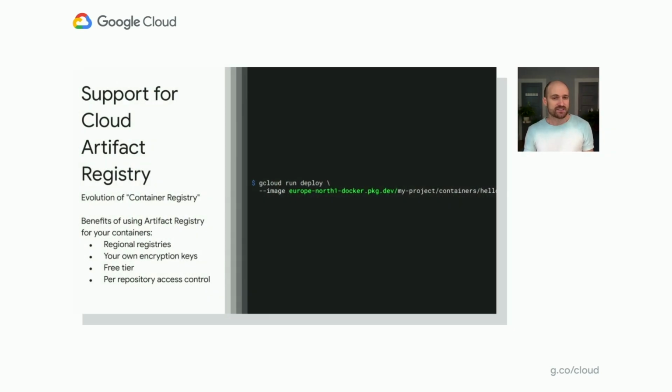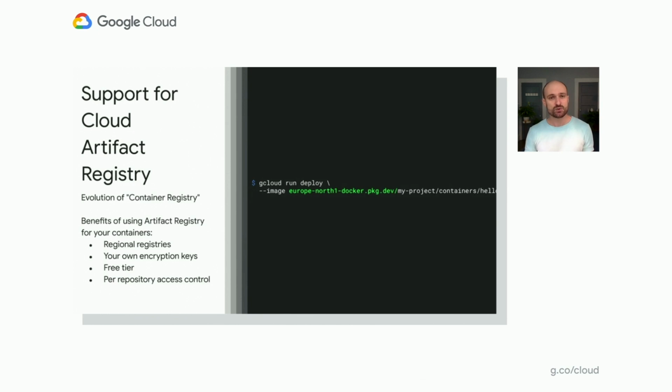All right. Then we added support for Google Cloud Artifact Registry. So Artifact Registry is the evolution of Google Cloud Container Registry. And the benefit of it is that you can have container registries in very specific regions, in the regions you want. So that's even better for data locality, so that you can store your containers wherever you want.